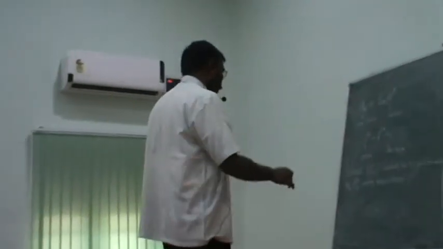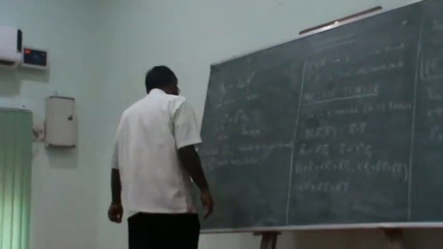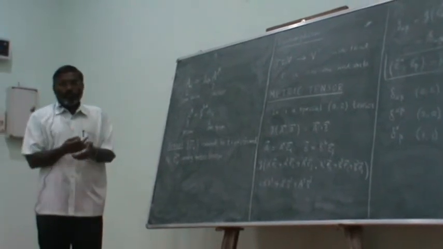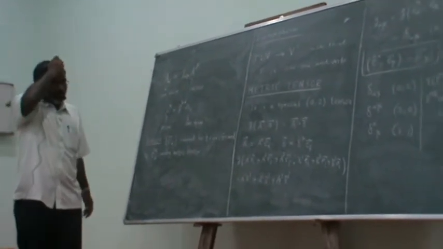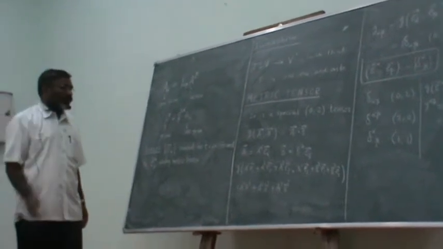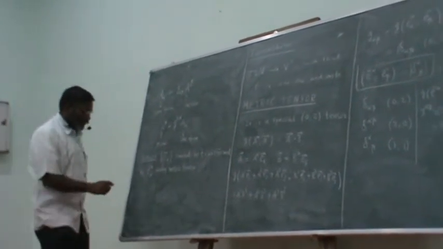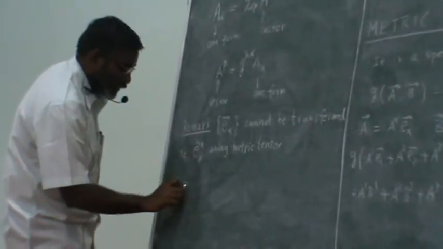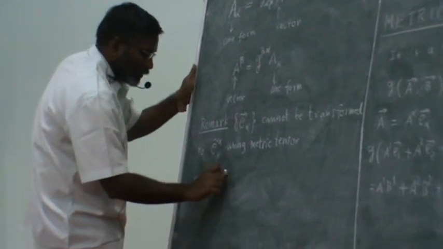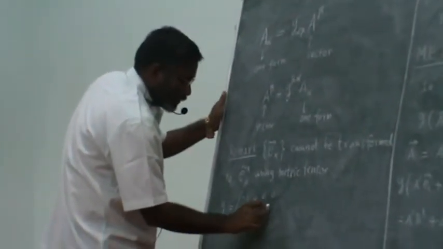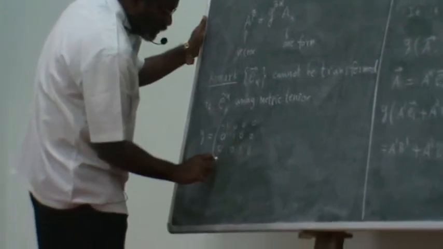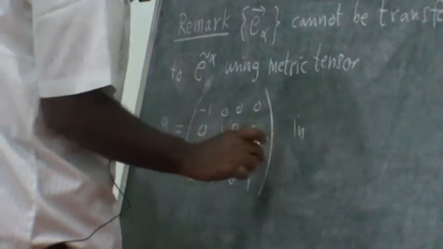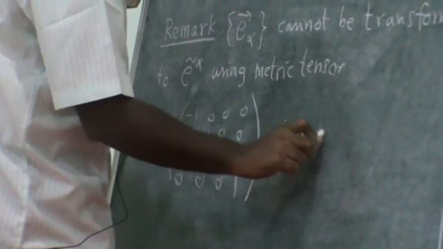This is an example of the second rank tensor, and an important example because it transforms. For example, in special theory of relativity, let me just cite that example. The metric tensor g is equal to the matrix with -1, 0, 0, 0, then 0, 1, 0, 0, then 0, 0, 1, 0, then 0, 0, 0, 1, in 4D space.